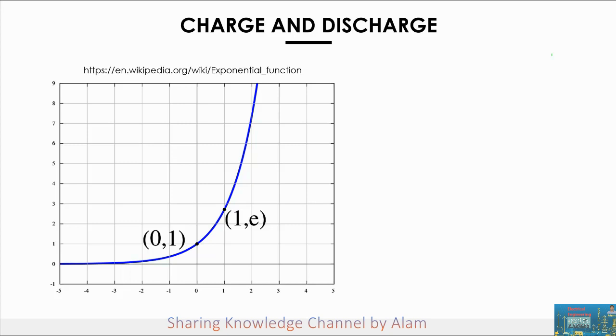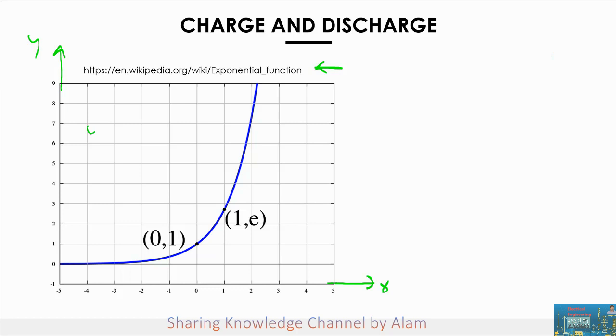Before proceeding further, I would just want to give you a little refresher on exponential functions, because exponential functions are everywhere in electronics, in particular in solutions of RC circuits. So this graph that I took from the Wikipedia page, which I encourage you to use to get more knowledge and refresh your exponential functions. So let's say this is x and this is y.